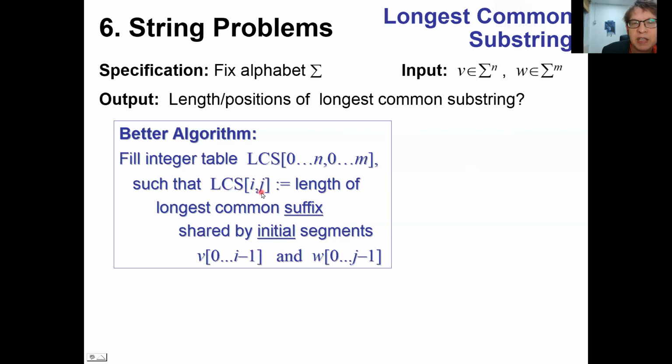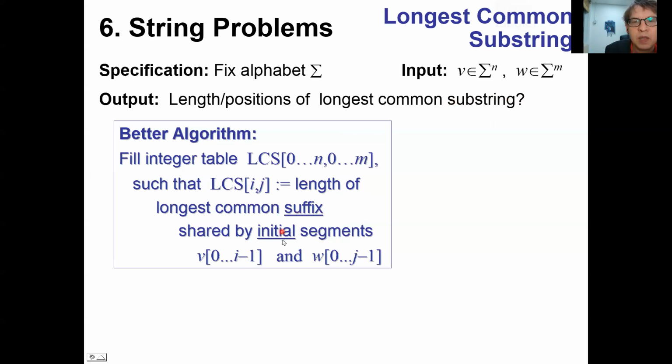And let me emphasize the second thing: what we're actually interested in is the longest common substring, not the longest common suffix, right? That's a difference. The original problem specification is for the longest common substring, and the algorithm fills this table with longest common suffixes, okay?